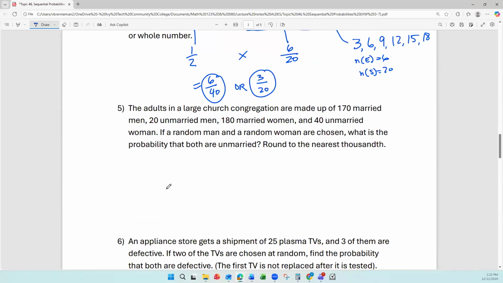Then number 5, we have the adults in a large church congregation are made up of 170 married men, 20 unmarried men, 180 married women, and 40 unmarried women. If a random man and a random woman are chosen, what's the probability that both are unmarried? So really this is saying what's the probability of choosing an unmarried man out of the men and choosing an unmarried woman out of the women.